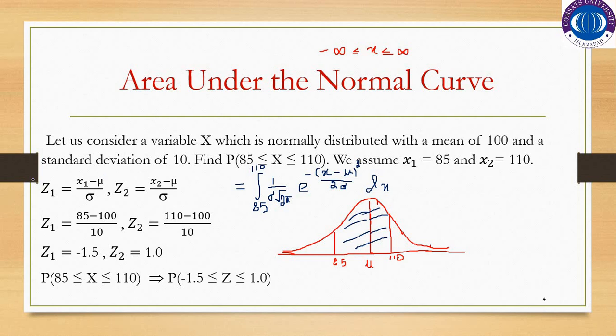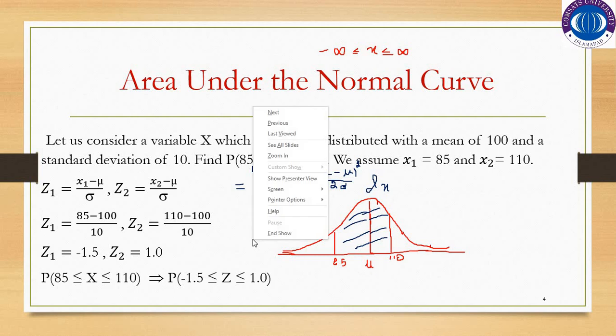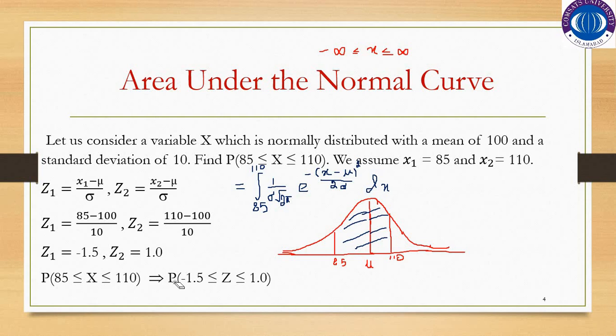For this purpose, let us assume z1 is equal to x1 minus mu over sigma, and z2 is equal to x2 minus mu over sigma, where we know that x1 is equal to 85 and x2 is equal to 110. By substituting the values, as we know mu is equal to 100 and sigma is equal to 10, we will get z1 is equal to minus 1.5 and z2 is equal to 1.0. So now we have to find probability minus 1.5 less than equal to z less than equal to 1.0.